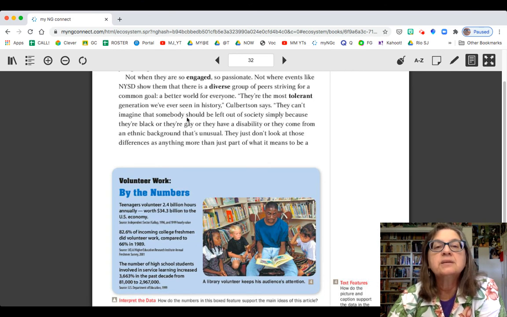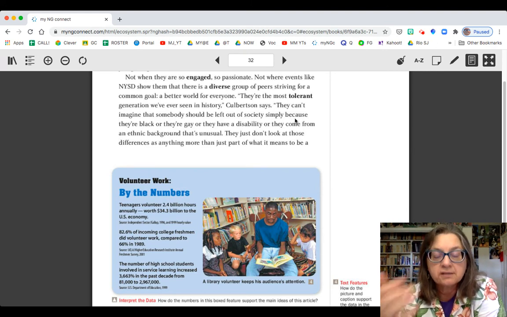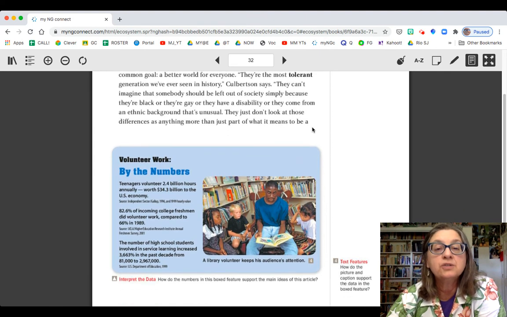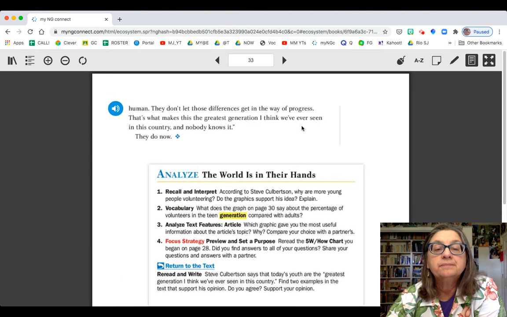They can't imagine that somebody should be left out of society simply because they're Black or they're gay or they have a disability or they come from an ethnic background that's unusual. They just don't look at those differences as anything more than just a part of what it means to be human. They don't let those differences get in the way of progress. And that's what makes this the greatest generation I think we've ever seen in this country. And nobody knows it. They do now.